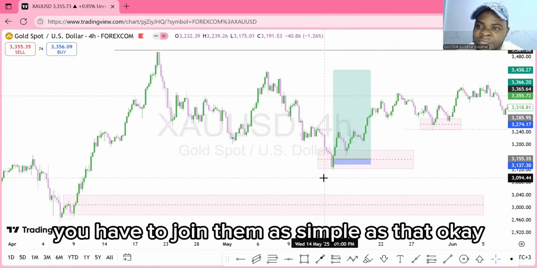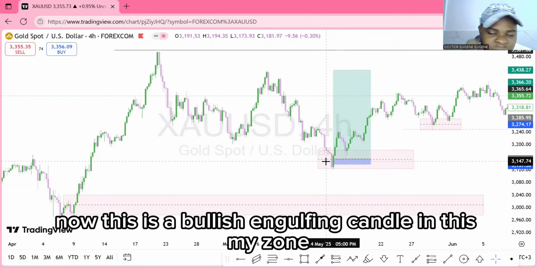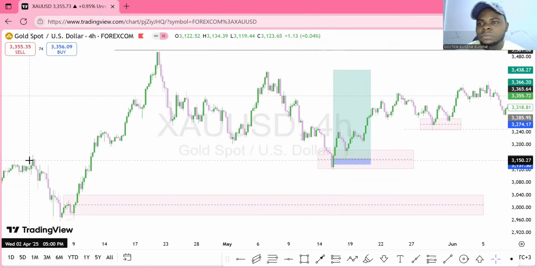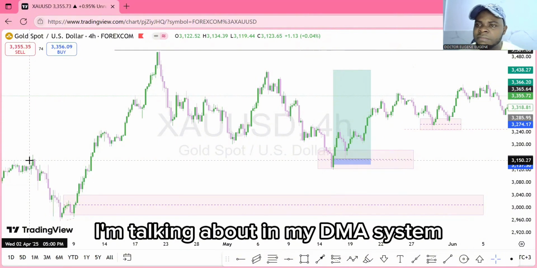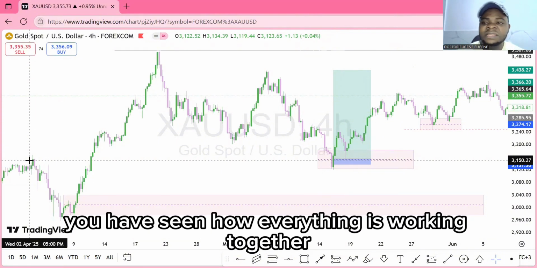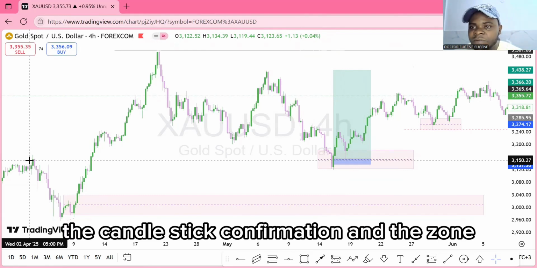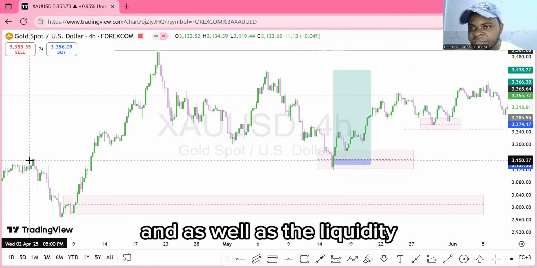As simple as that. When the market gets here, this is a bullish engulfing candle in my zone. Have you seen the candlestick confirmation that I'm talking about in my DMF system? We have seen how everything is working together: the direction, the break of structure, the candlestick confirmation, the zone, and as well as the liquidity.